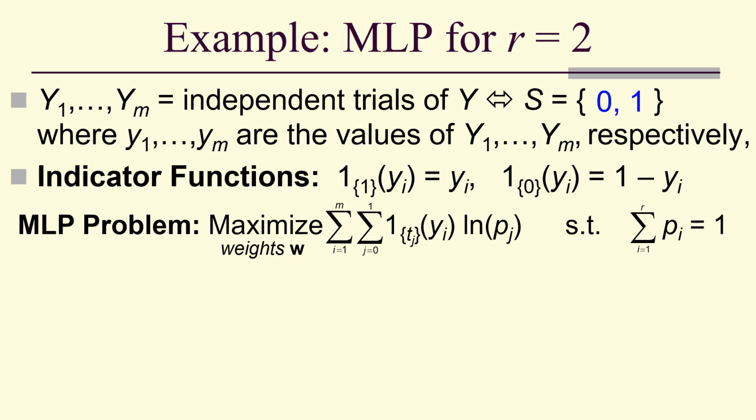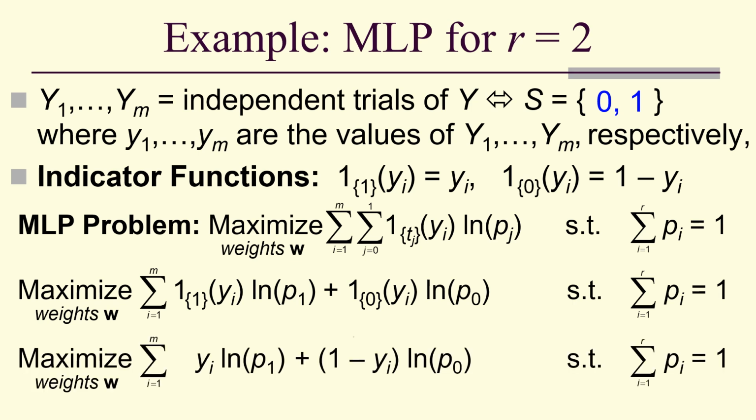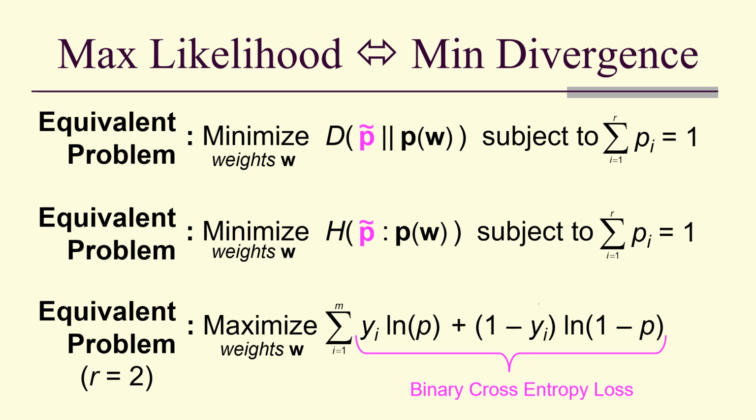So here's our maximum likelihood problem, and we take the inner sum and write it over the outcomes 0 and 1, and now we substitute our indicator functions, and our p is equal to p1, and so p0 is 1 minus p. Notice we now have what is called a binary cross entropy loss, which will be very important in many applications. In other words, maximum likelihood, minimum divergence, we have all these equivalent problems, including a very nice way of looking at binary cross entropy loss in association with all these equivalent forms.